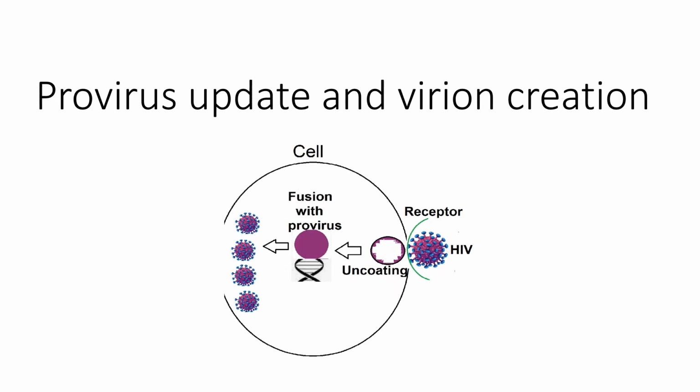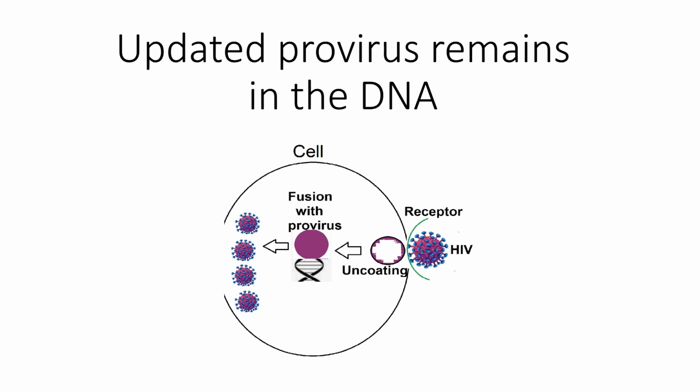So here you have uncoating and fusion with the provirus. And once it is fused with the provirus, it starts producing virions. The updated provirus remains in the DNA of the cell.